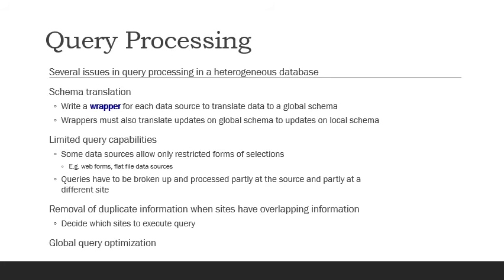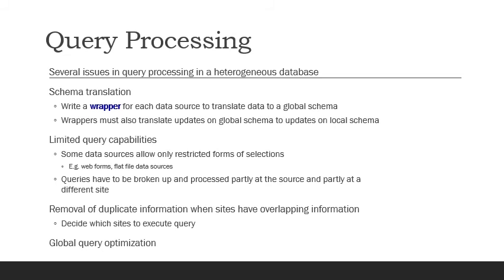They may even restrict the form of selections, allowing selections only on certain fields. Web data sources with form interfaces are an example of such data sources. Queries may therefore have to be broken up to be partly performed at the data source and partly at the site issuing the query. In general, more than one site may need to be accessed to answer a given query.